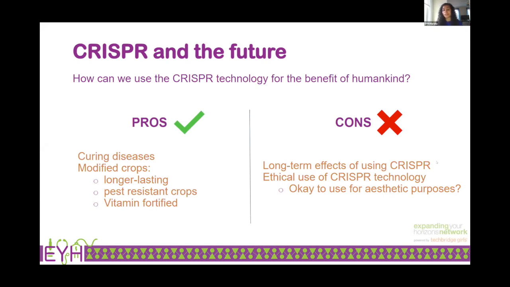And there may be ethical issues surrounding CRISPR, because since you can modify any organism, you could use it for potentially unethical purposes, like maybe modifying babies to choose the characteristics that you want in your child rather than what they would naturally be. So we have to be cautious of using the technology, but this technology would also allow us to have so much goodness in the future, especially if we could cure diseases.